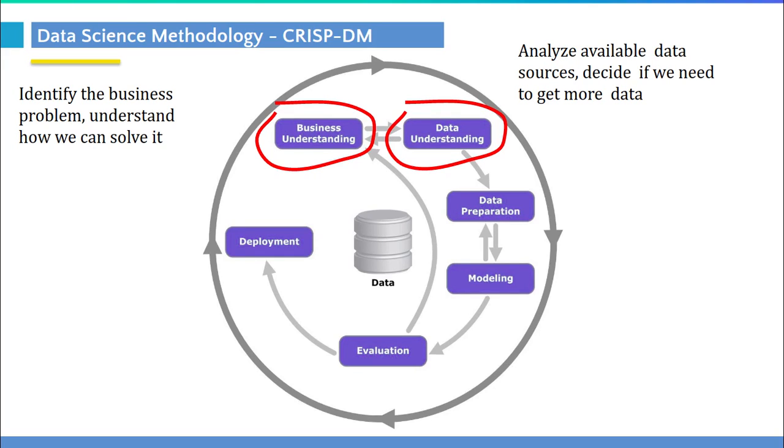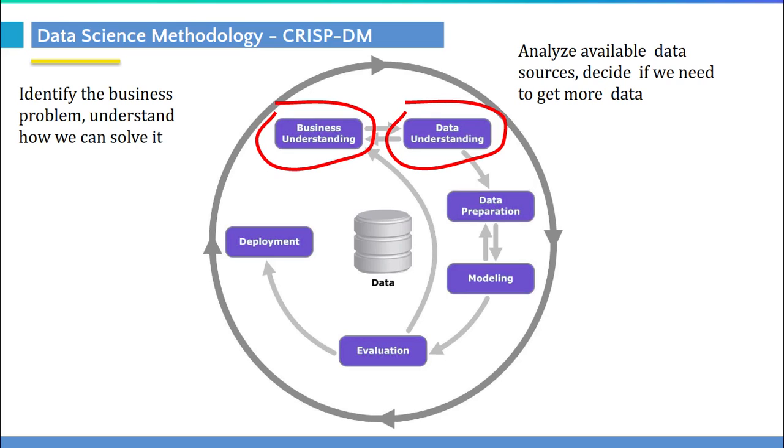That's where it's pretty important to understand what data we have and what data sources we may have to collect data which is relevant and useful for this particular business objective. We have to decide how much data we want and what sources we have.